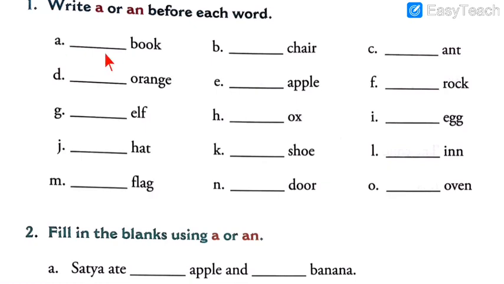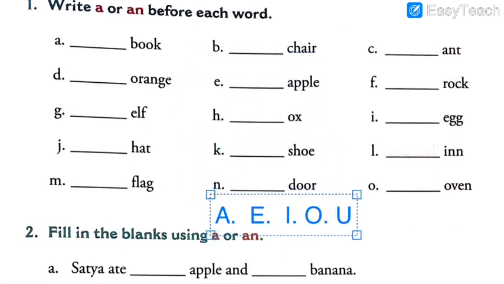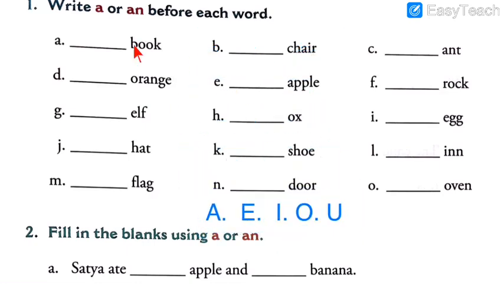Now first blank A, dash book. The word book starts with B. So you have to see, is B a vowel? Let me bring the vowels again for you. A, E, I, O, U. This is the list of vowels.